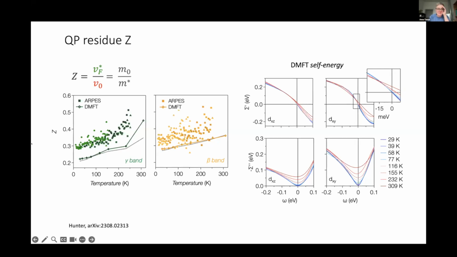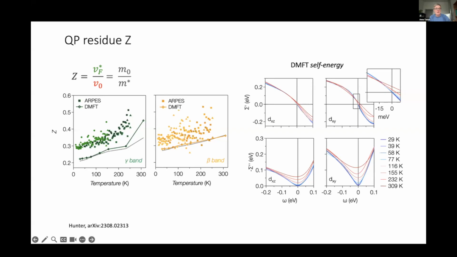First, a comment on the fact that we find higher values of Z than DMFT. I think this is an experimental issue. What you should take from this graph is mostly that DMFT and ARPES find the same temperature dependence. On the exact values of Z that we extract from the experiment, there are a lot of issues with the resolution, and with how you prepare the system to show the bulk states and not the surface states.